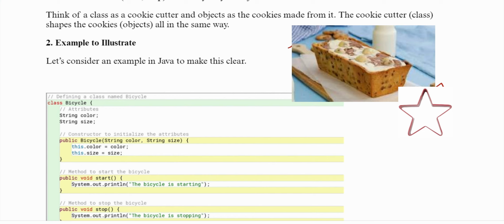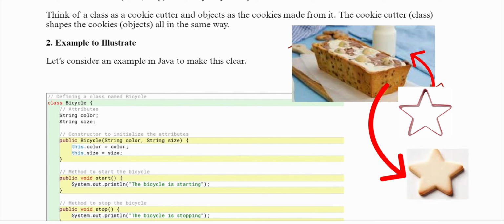So when you create a first cookie out of this, this is a class, right? Class means it will have some properties, the taste, how much sugar is there, how much vitamins and other things if there will be. So that all is here. And now this is the cutter, right? You use this cutter, you press it over here, and one cookie comes out.